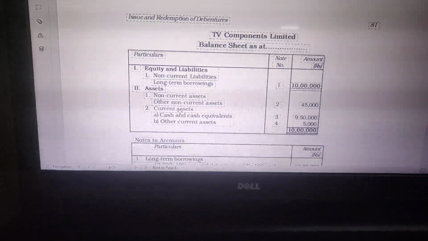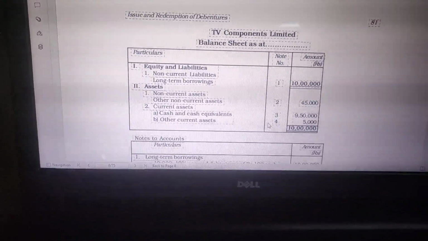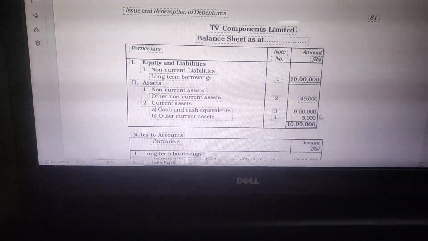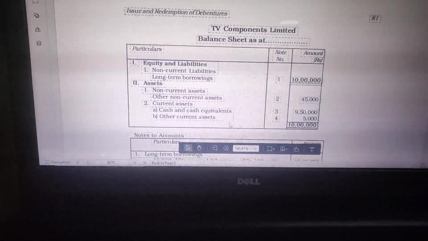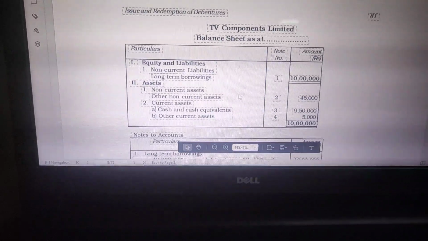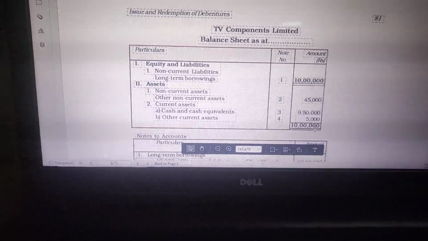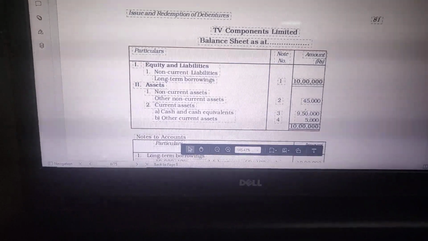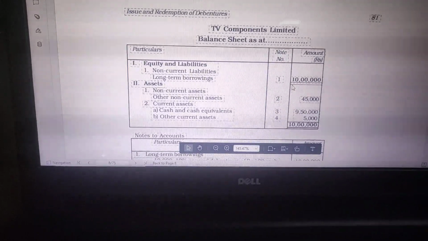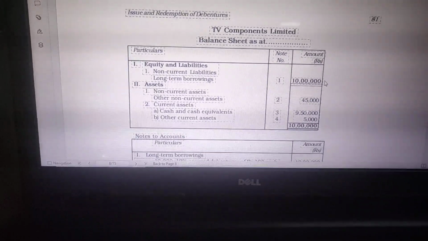Then the second one under assets, current assets, cash and cash equivalents. Third note, that is 9,50,000. Other current assets, fourth note, 5,000. These things we have already discussed. Total amount will be shown on the assets side, that is 10 lakh. Here also we are totaling just by underlining the 10 lakh.